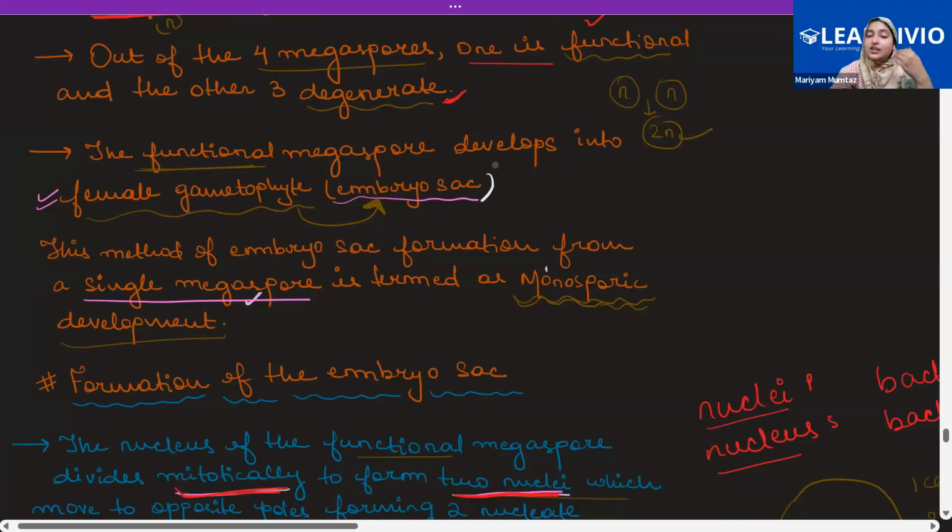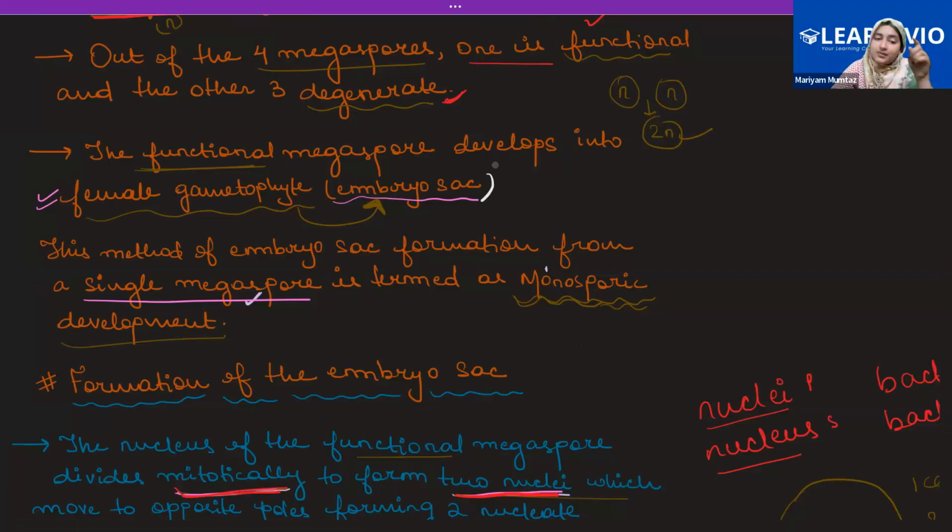Mono means one, sporic refers to the megaspore, and development you already know. So the method of embryo sac formation from that one single functional megaspore is called monosporic development.